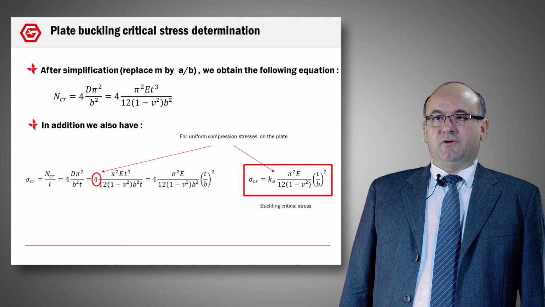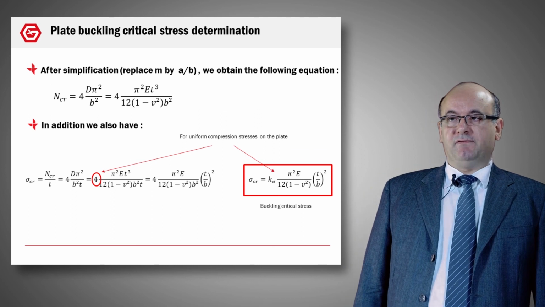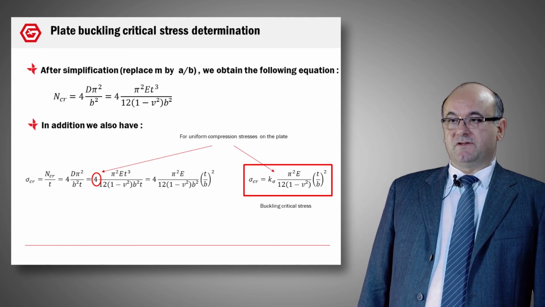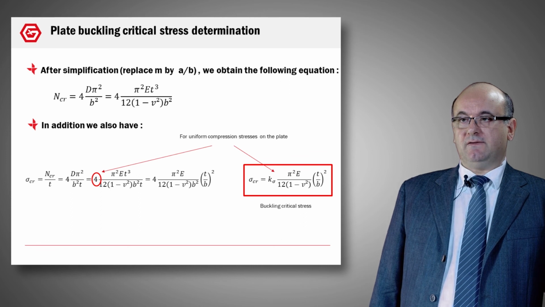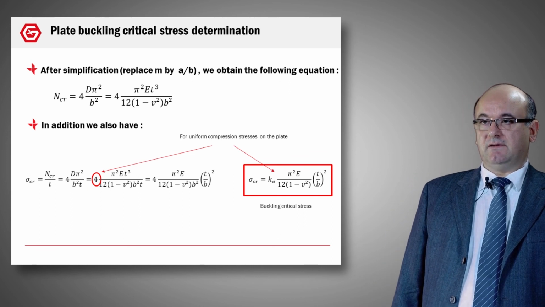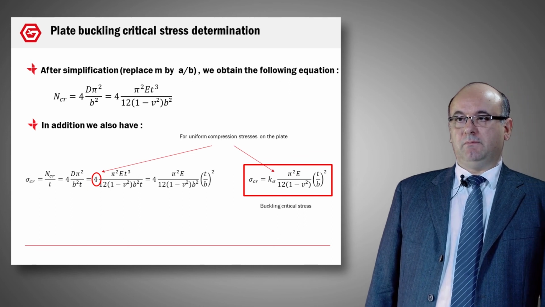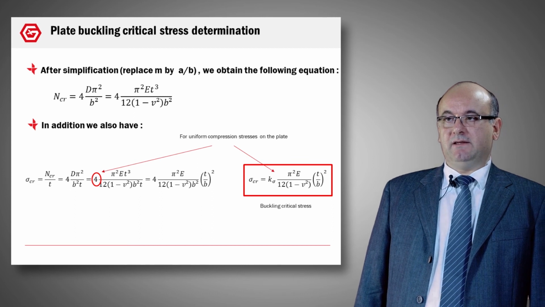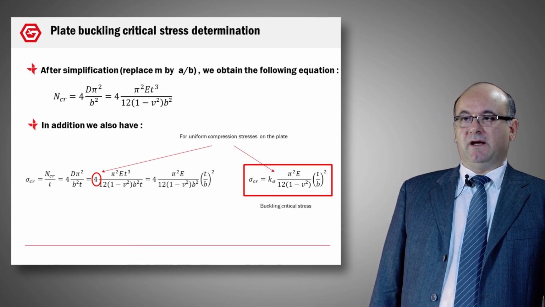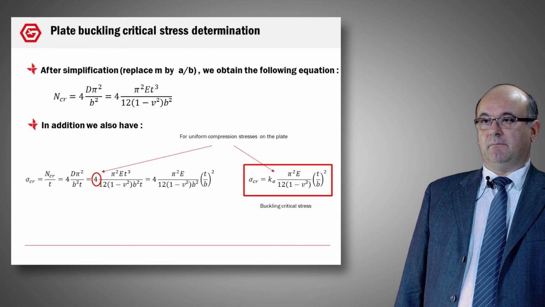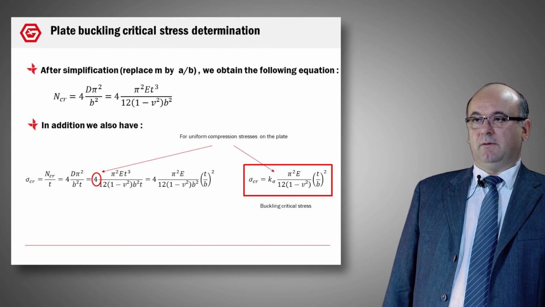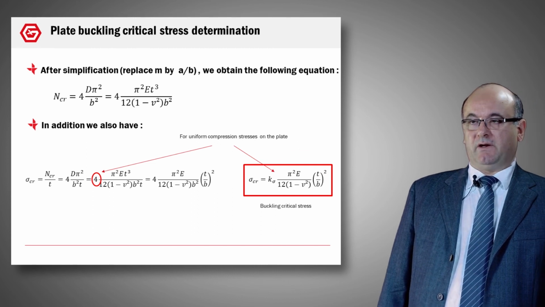So we have a possibility now to define a buckling critical stress, and this buckling critical stress is given here. Sigma critic is equal to k sigma multiplied by pi squared multiplied by E, the Young modulus, divided by 12, divided by 1 minus nu square, multiplied by T divided by B square.